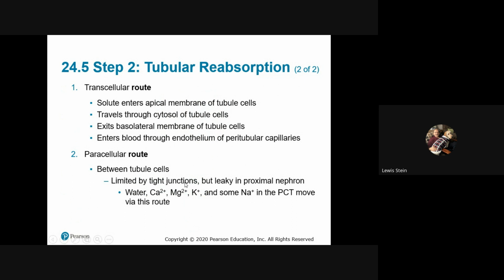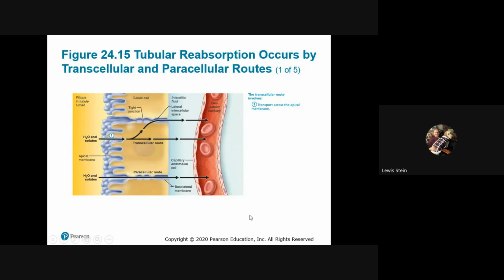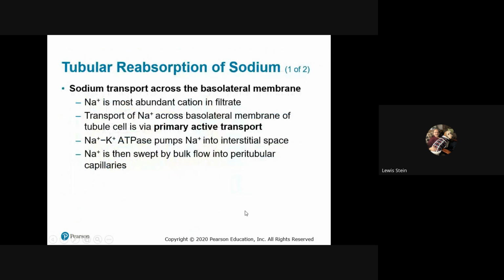Between the cells, limited by tight junctions, but leaky in the proximal area of the nephron. So you can see water, calcium, magnesium, potassium, some sodium in the proximal convoluted tubule move via this route. Those are kind of like little leak channels, not within the cell membrane but between adjacent cells, is what they're talking about with paracellular. And they show you some of these things that go through that.